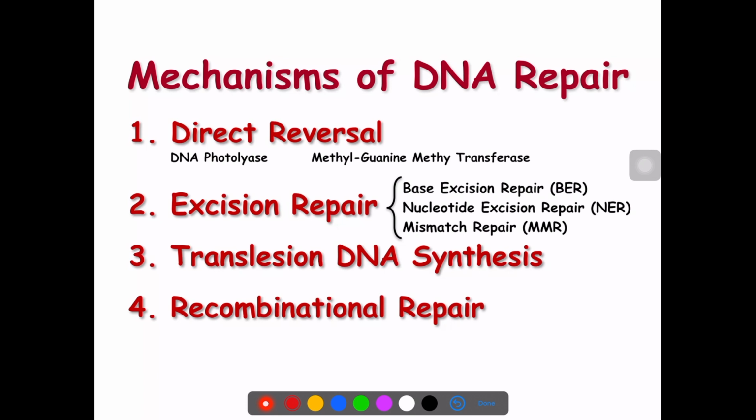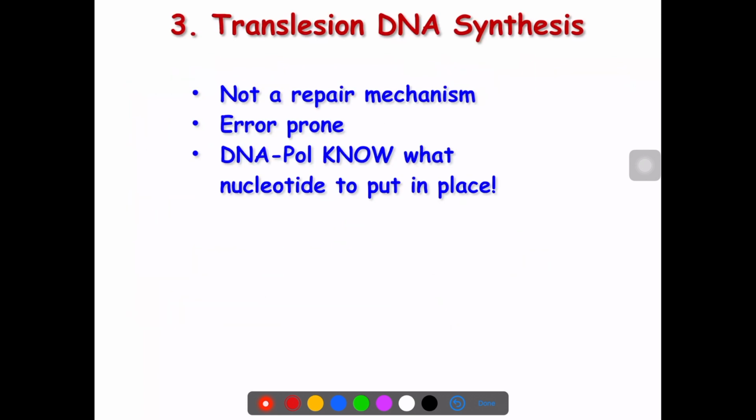The only important point that I want to make about translesion DNA synthesis here is that it is not really a repair mechanism. What translesion synthesis is all about is the ability of some DNA polymerases to continue synthesizing DNA in the presence of cyclobutane rings, specifically thymine dimers.